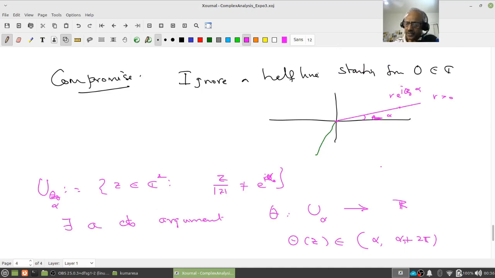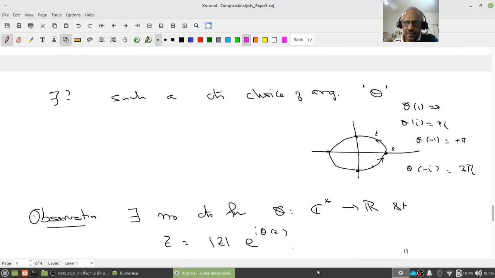Notice that this should be intuitively obvious. Why? By intuition we already said the trouble comes from continuity. If I complete a full circle, starting from here and I keep on moving, when I come back here, my argument becomes 2 pi rather than 0. So what we are doing is simply avoiding this. Don't come back.